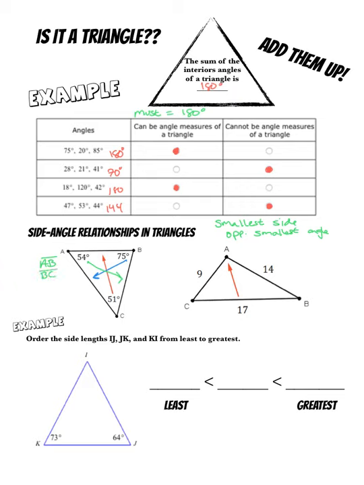It's like you're being Goldilocks. The largest angle is B, so my largest side is AC. And I'm going to call that small, middle, large. Okay, let's do this. Small, middle, large.